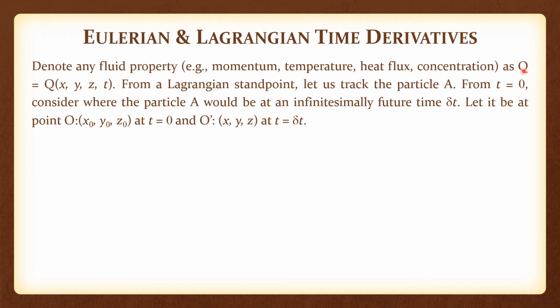From a Lagrangian standpoint, let us track the particle A, whose fluid property, whether momentum or temperature or concentration, is denoted as q. From time t equal to 0, consider where the particle A would be at an infinitesimally future time delta t. Let the original point be O, x0, y0, z0, at t equal to 0, and the new point be called O dash, which is x, y, z at t equal to the infinitesimally future time delta t.